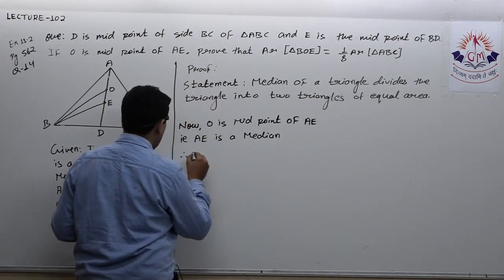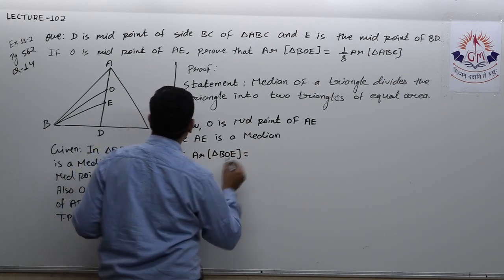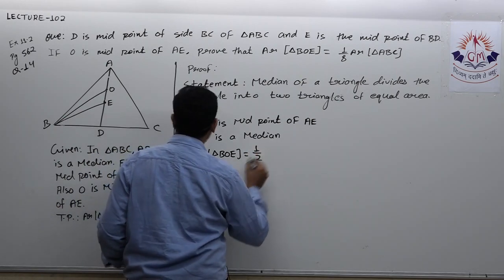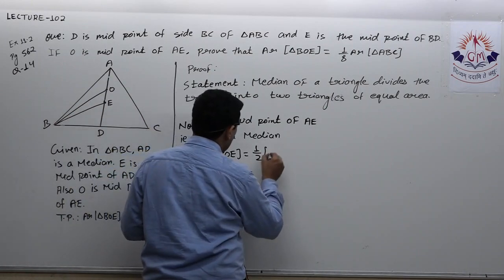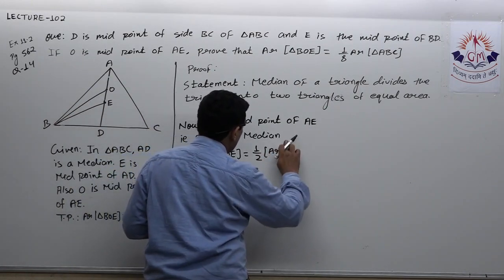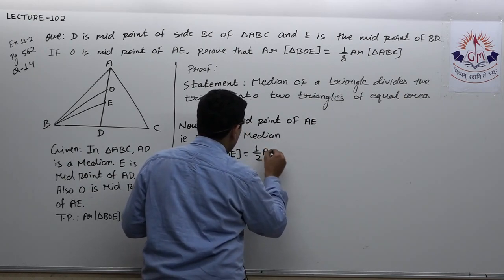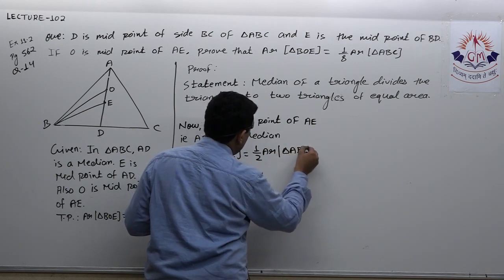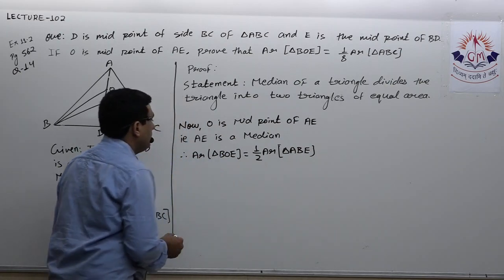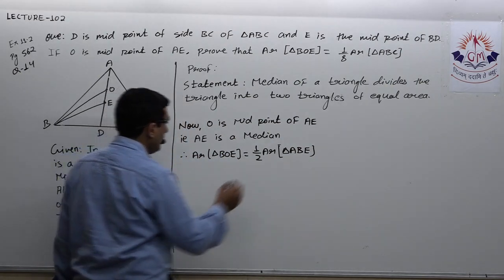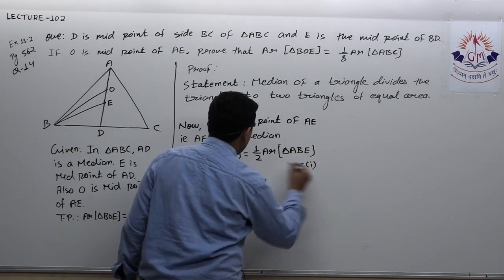Therefore, area of triangle BOE is equal to half area of triangle ABE, from the above statement. Let this be equation number 1.